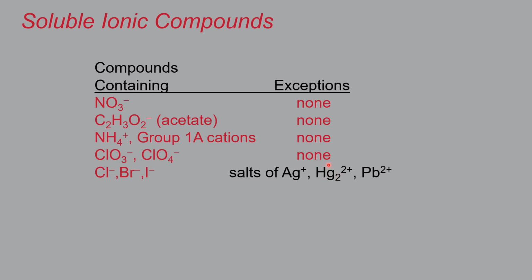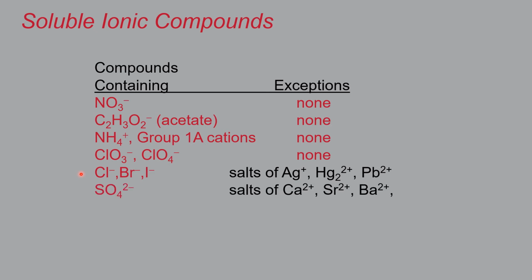This is actually a polyatomic ion that consists of two mercury atoms, more or less covalently bound to each other, that happens to have a +2 charge, or lead 2. And if the cation is one of these, then the chloride, bromide, or iodide will be insoluble. Note that the other member of that group, fluoride, is not on this list. Fluorides are complicated.